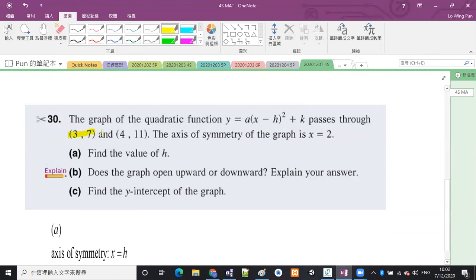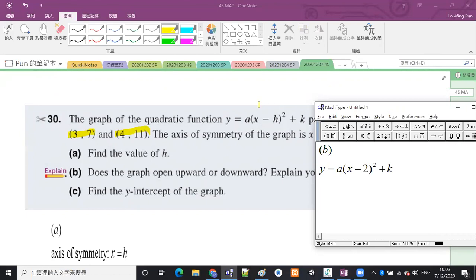That is the graph passes through 3, 7, and 4, 11. Just put the coordinates of the point into the equation of the function. Like this, the first one, 7 is equal to A times 3 minus 2 squared plus k.